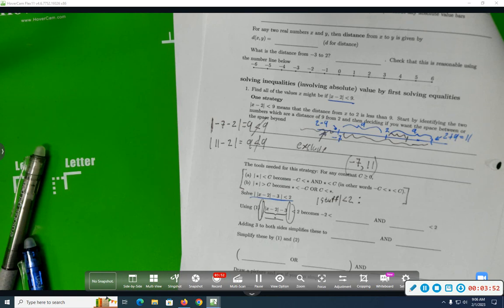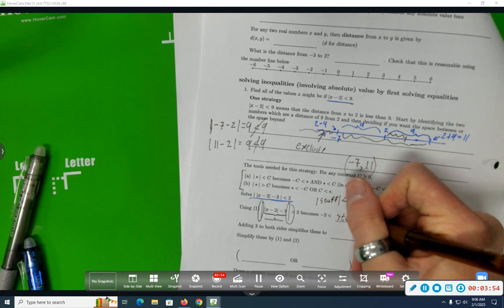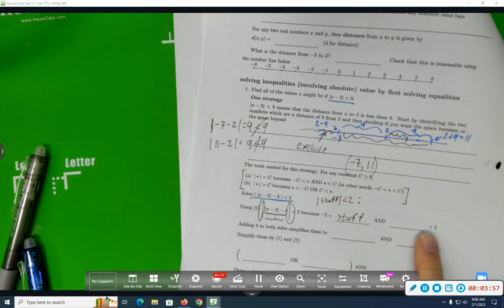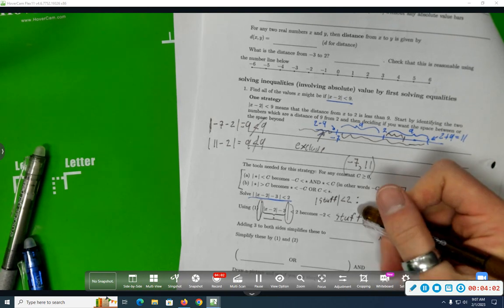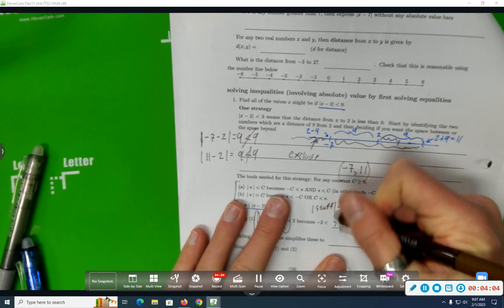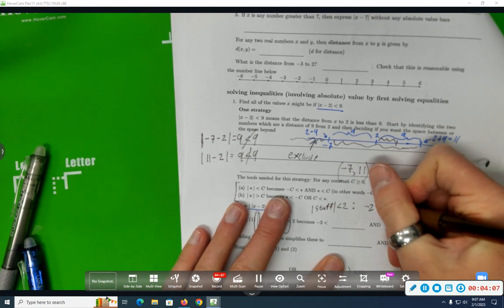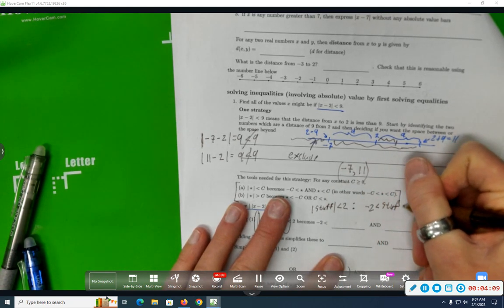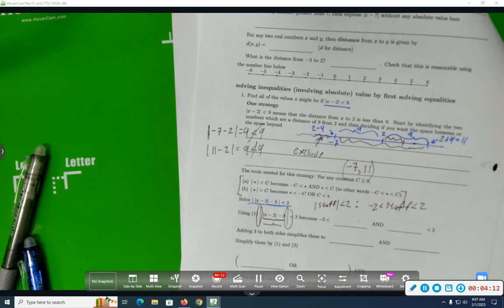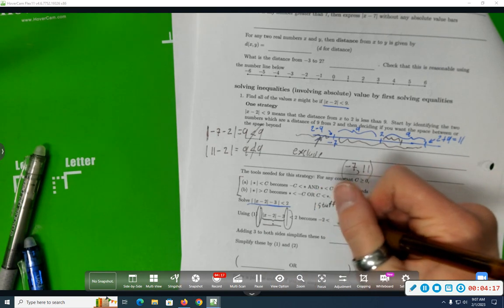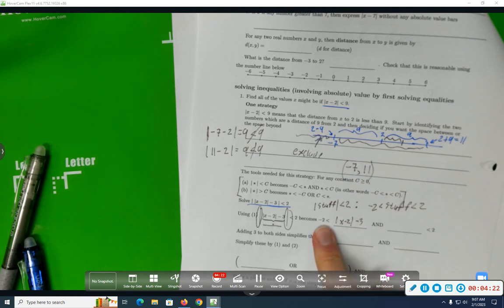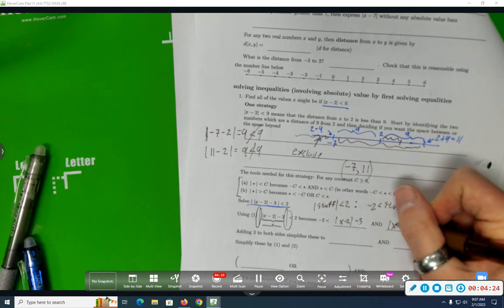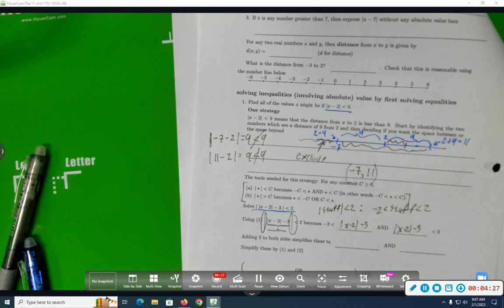Negative 2 is less than stuff, and that stuff has to be less than 2. So this inequality itself will become negative 2 is less than the absolute value of x minus 2, minus 3, and the absolute value of x minus 2, minus 3, is less than 2.